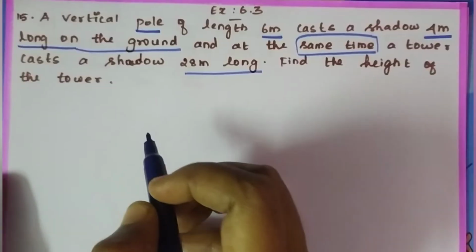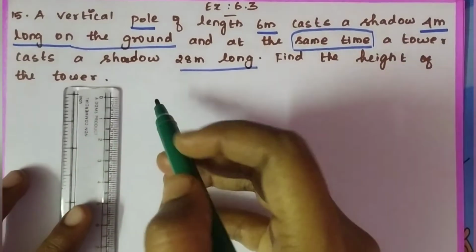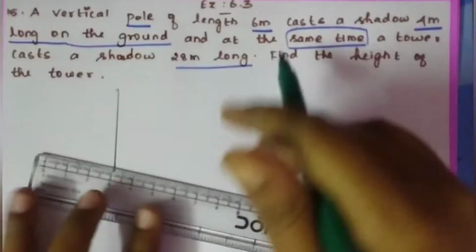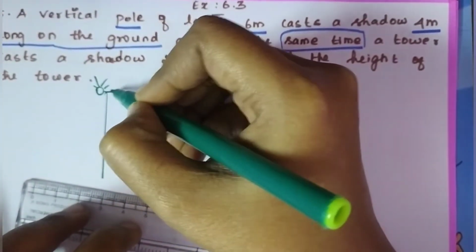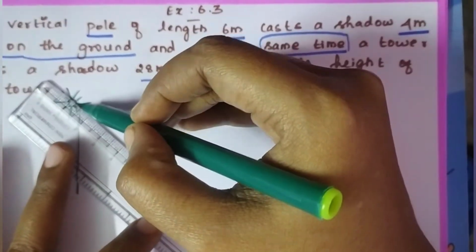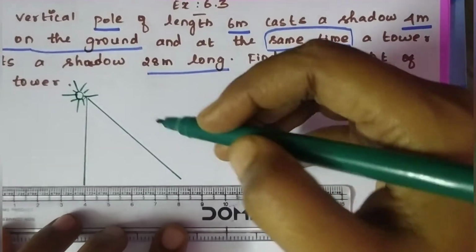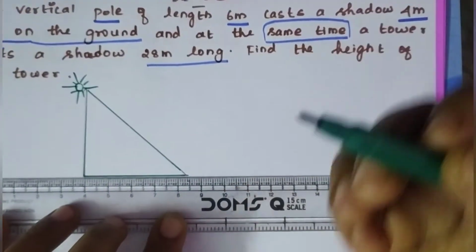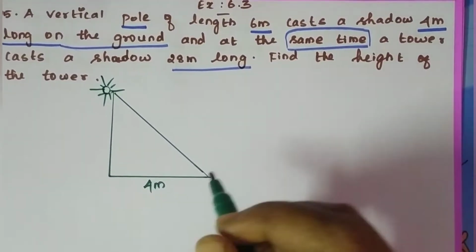Clear? So first, I'm going to draw a pole, a vertical pole. This is the vertical pole, and the sun is here, the shadow will lie like that, and the distance between is 4 meter long.